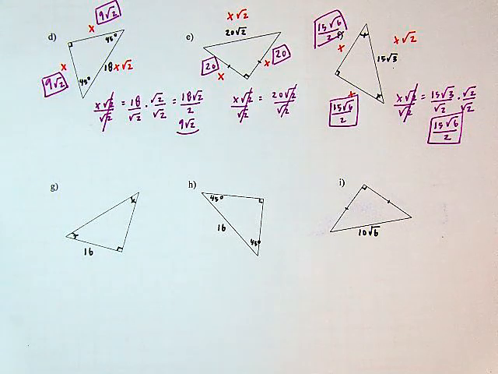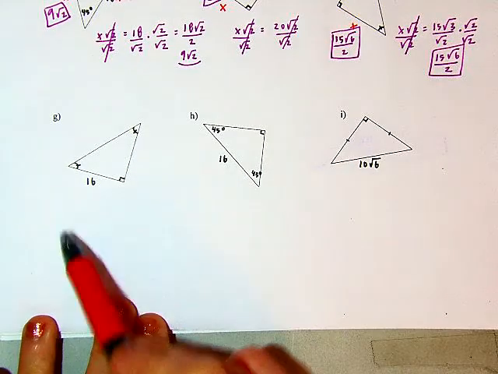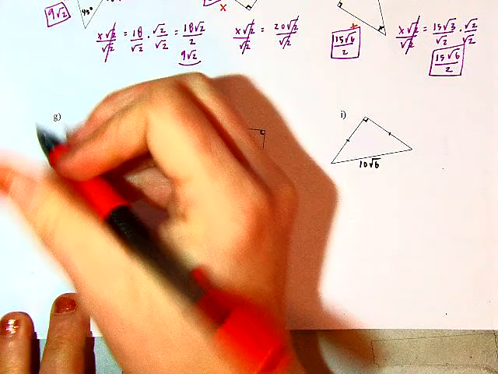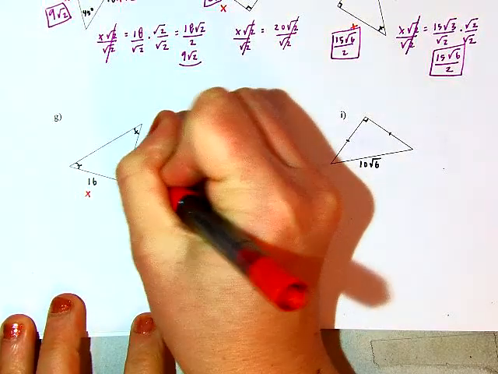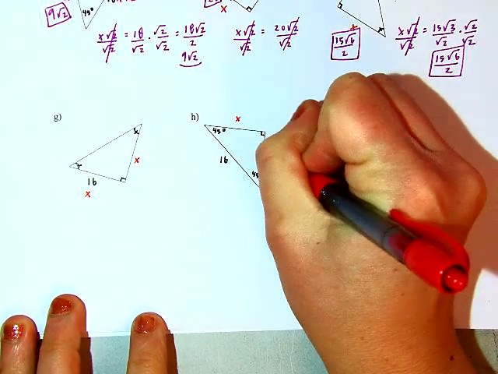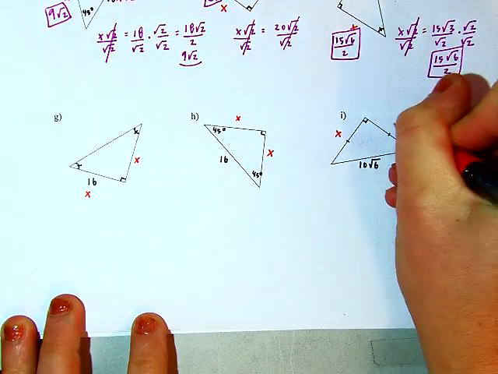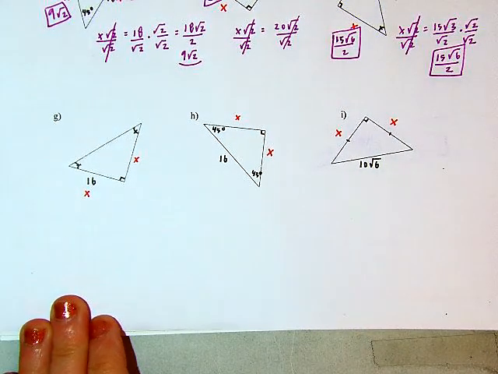All right, so here we go. So this last batch of 3, let me just label the legs x. And then the hypotenuse will be x root 2.